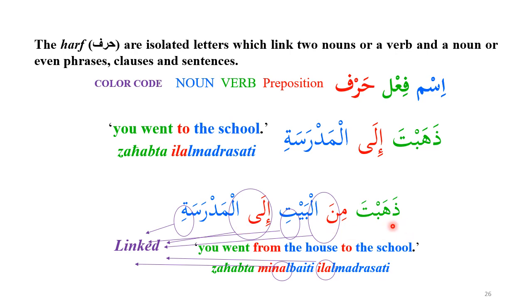So like if you say zahabta min al baiti ila al madrasati, it would mean you went from the house to the school. See, from and to. So this from and to is linking basically with this verb, right? So this is linkage. This linkage is shown by, say, this sukun on the al, in this case, right?